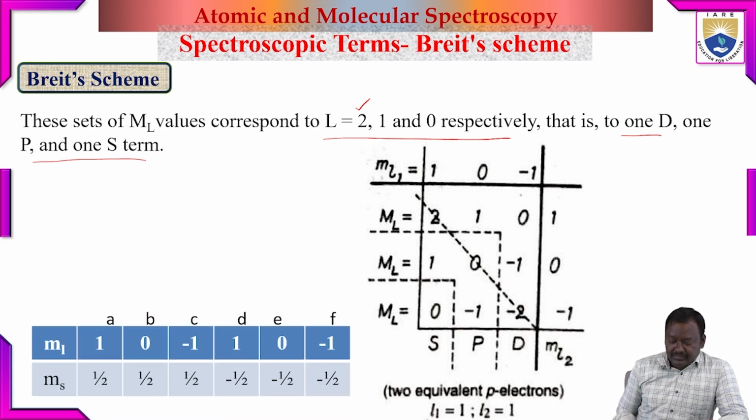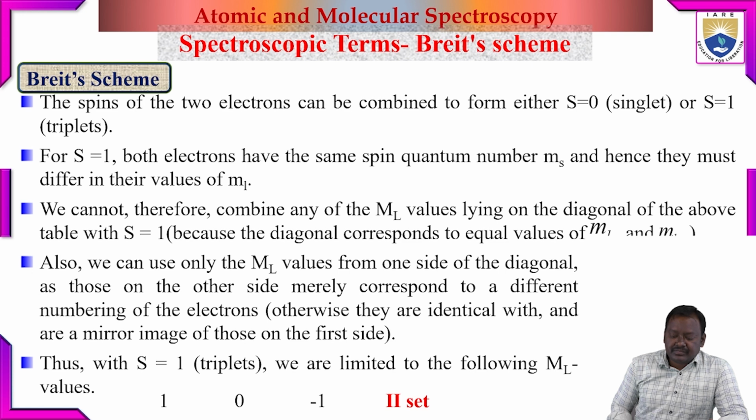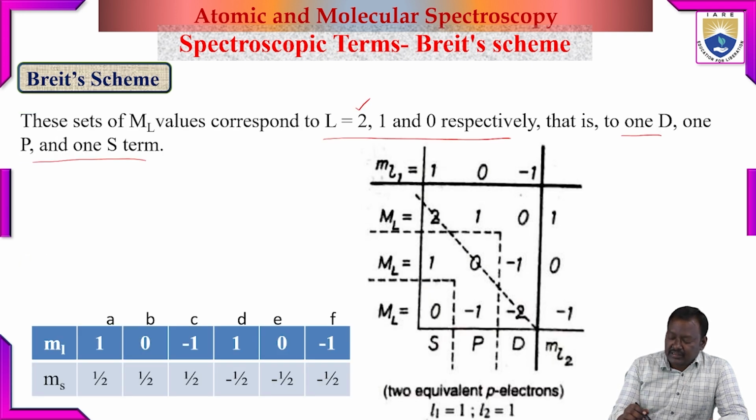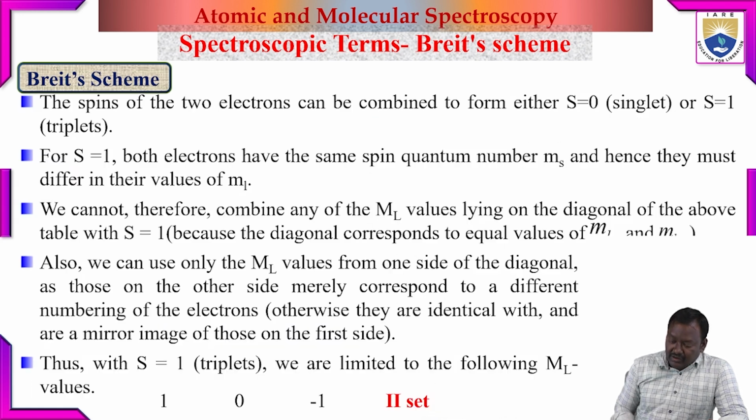So in this diagram, we are adding only ml values, whenever we need to add spin magnetic momentum. When two electrons are combined to form total spin angular momentum, we can combine the two electrons to form s equal to 0 or s equal to 1.